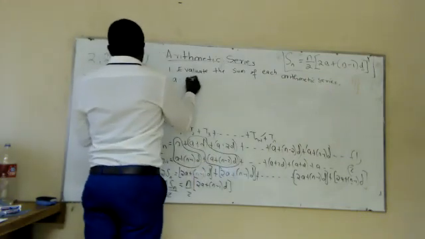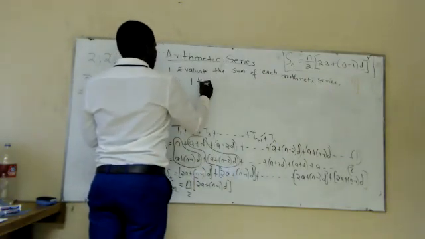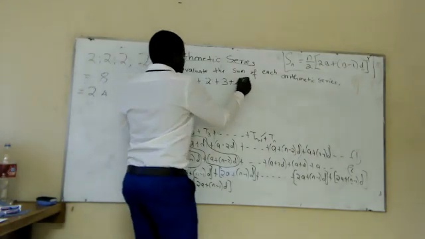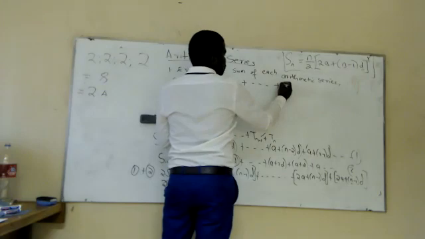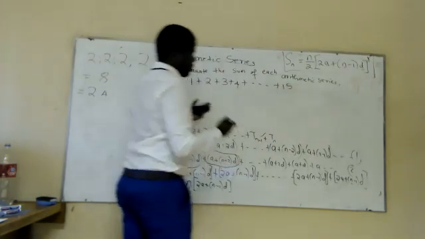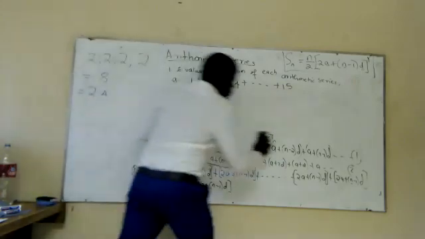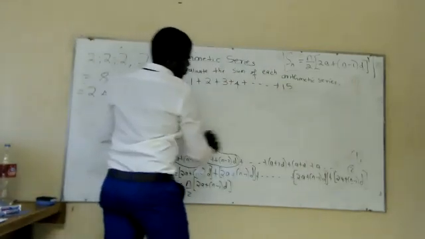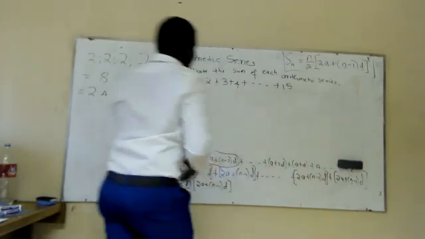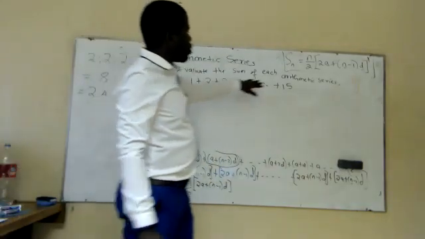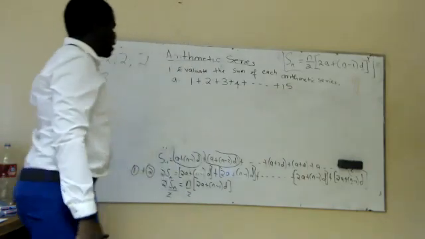So now, the first one, we are given a sequence of 1, 2, 3, 4, plus ... up to term number 15. Okay, this is the question that we have there. Evaluate the sum of each arithmetic series.